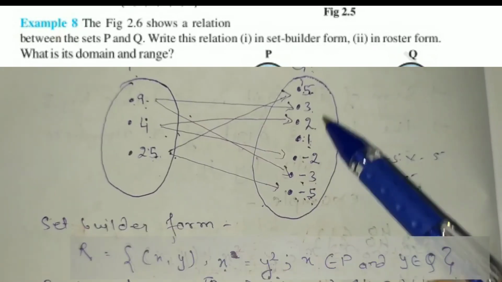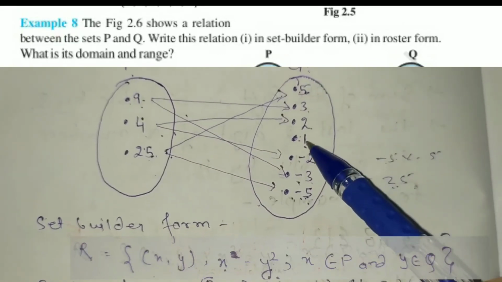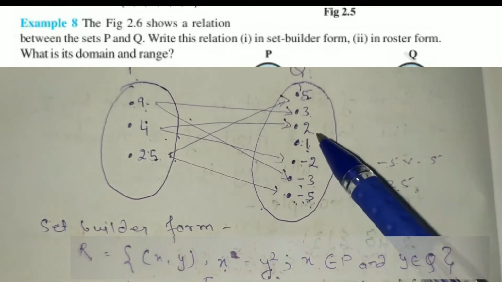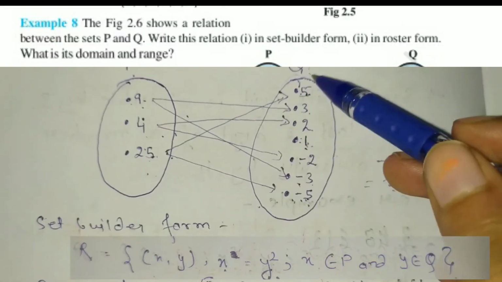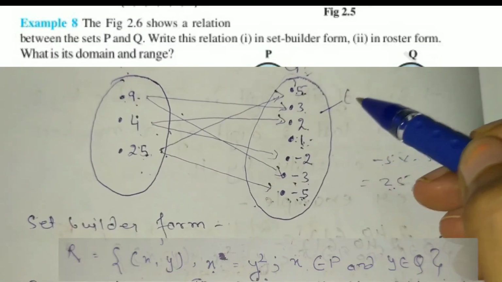Note, 1 is a value of q which doesn't have any relation with the values of p. So all these values including 1 are called the codomain.